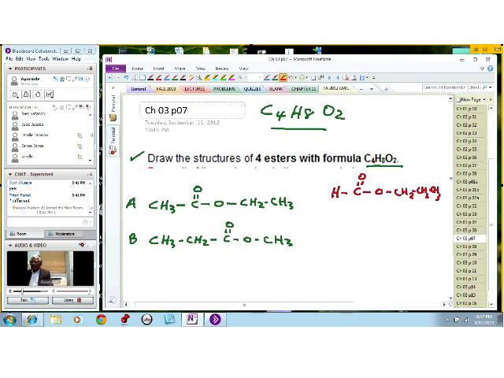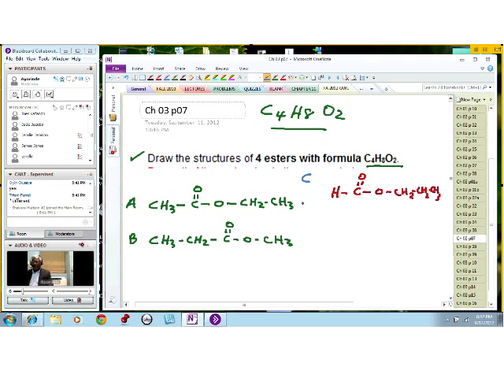The formula we have is C4H8 2 oxygen. This molecule here fits that formula. Notice again, this is an ester. You have a carbonyl attached to oxygen, and that oxygen is attached to a carbon atom. This is another example of an ester. Let me call that molecule C.